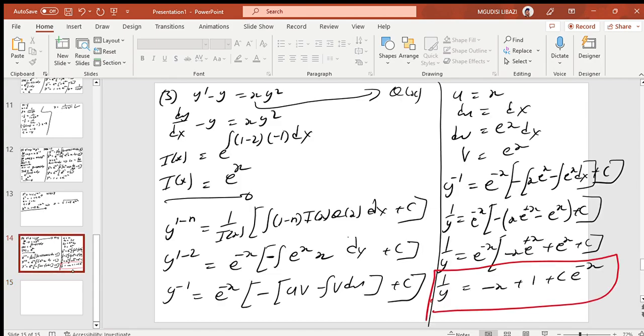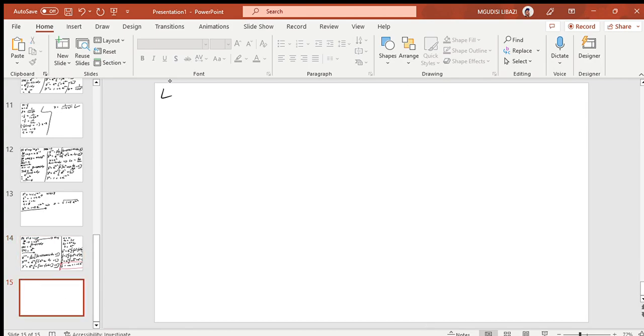Problem number 4, we are having x dy over dx plus y equal to x squared y squared. So we can divide by x first and we get dy over dx plus 1 over x times y equal to xy squared.